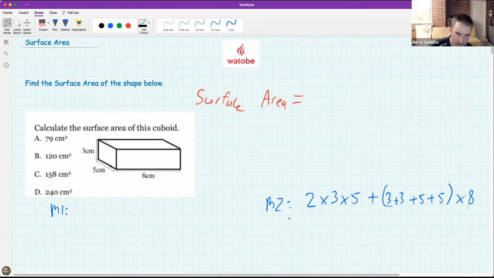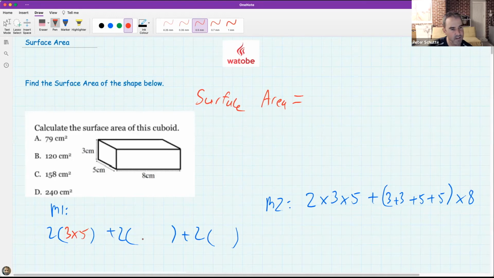And so what would I get? 2 times 3 times 5 plus 16 times 8. So I would get, why am I getting 158? Let's see the other way of doing it. 2 plus 2 plus 2. And so this would be 3 times 5. And then Mr. Ellis? Yeah.